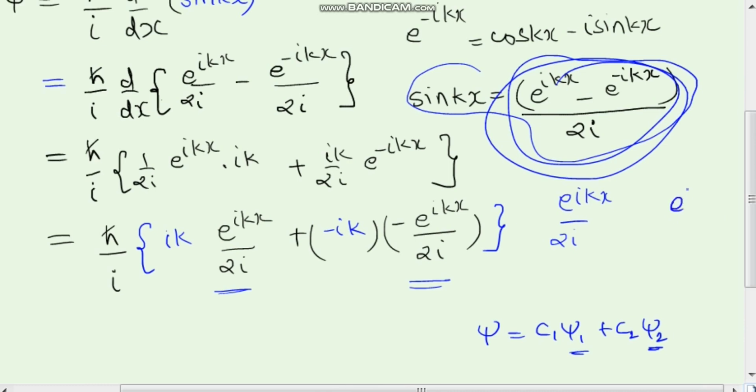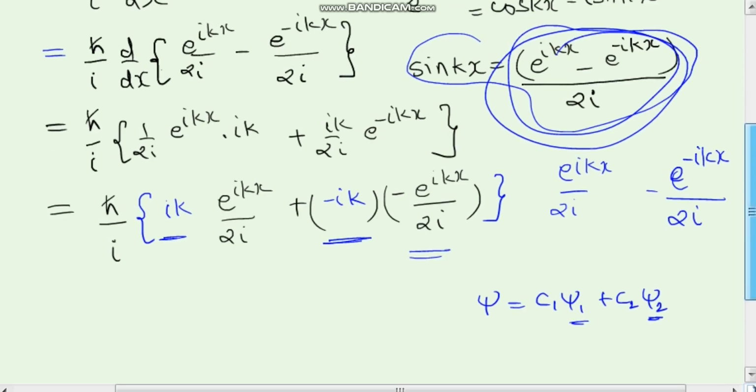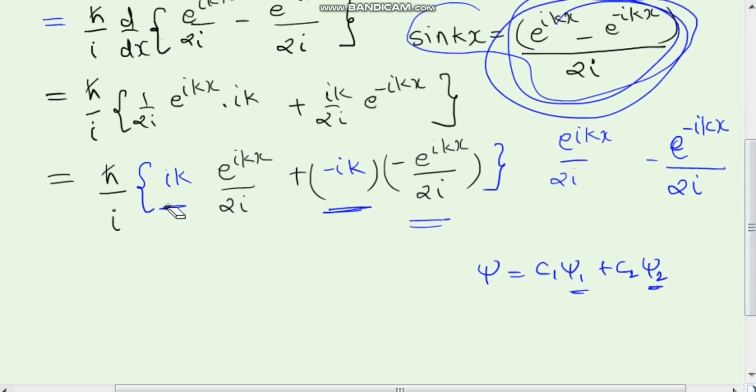So we had this already, and now we have it again. We have c1 psi1 and c2 psi2 again, and along with that, we have two other values. And these values are, of course, the momentum values.